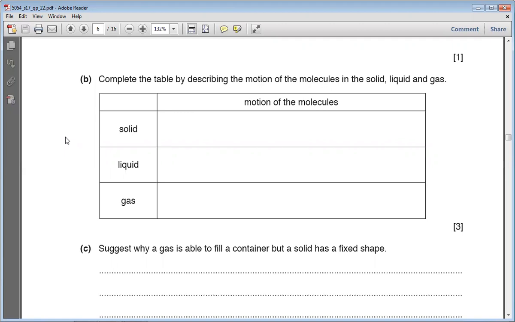In the liquid, the molecules move in clusters, they slide over each other, and they have a little more intermolecular forces as compared to the solid. In the gases, the molecules are moving at a high speed, and they are moving randomly in all directions, and they do not have that much intermolecular forces between them.